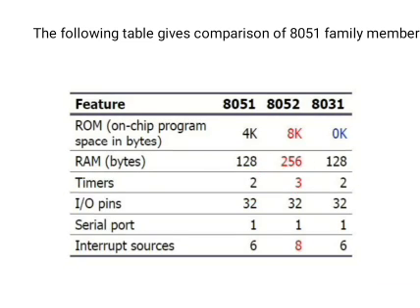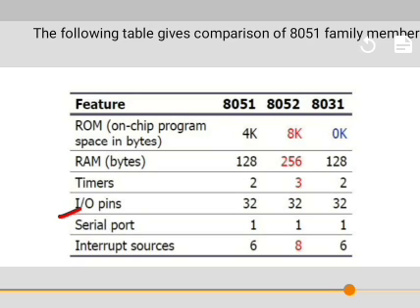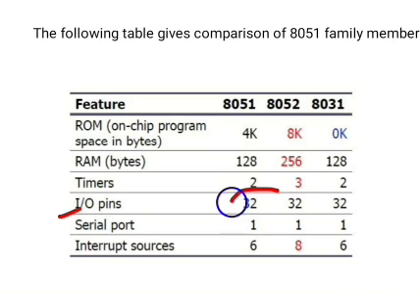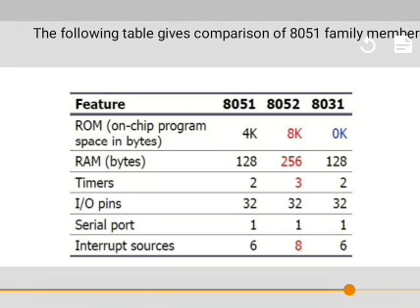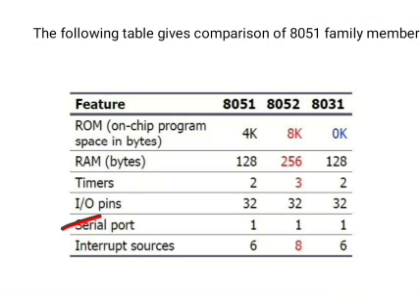And next is the I/O pins. 8051 has 32 pins. The same, 8052 has 32 pins. 8031 also has 32 pins, I/O ports. Next, serial port: 1, 1, 1. That means communication port. The serial port has 1, 1, 1.